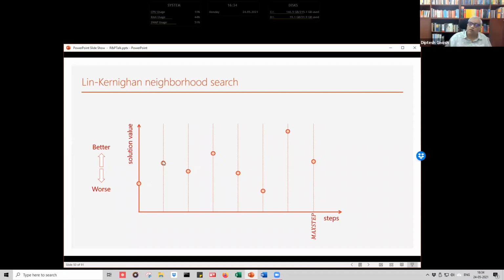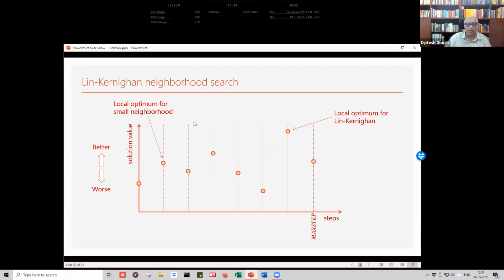From this solution, I found a better solution. And if I look at the best solution from this step to the next step, the best solution has decreased in value. So I will say that this is my local optimum for my local search. However, if I run it for the max step, then I find that in this step, I have a solution which is better than everything else. So that is my local optimum for my Lin-Kernighan iteration.